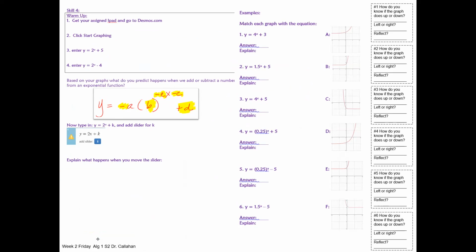And try this by inserting this into Desmos and then reflect on the questions here and write down your responses using Desmos.